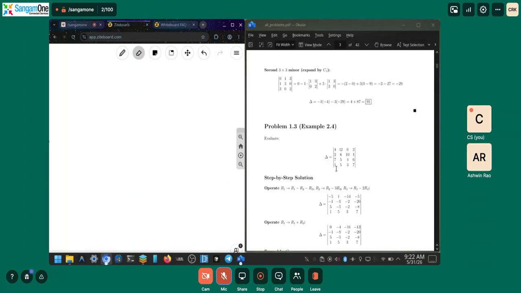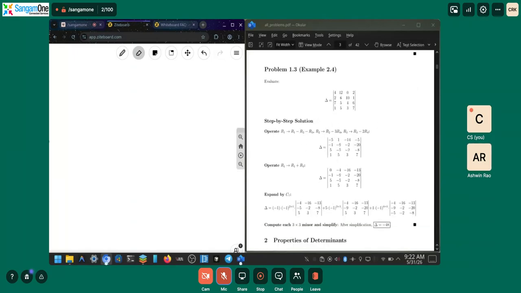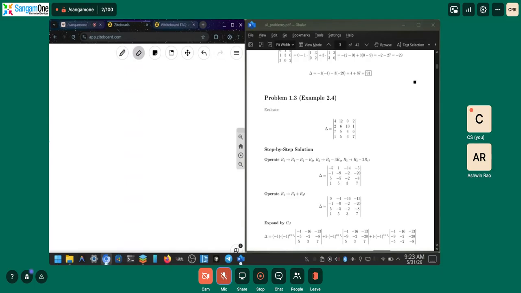Same, this also evaluate. We have to solve this determinant. This one step is operate row transformation. R1 corresponds to R1 minus R2 minus R3. This is the first row operation. Let's do that.